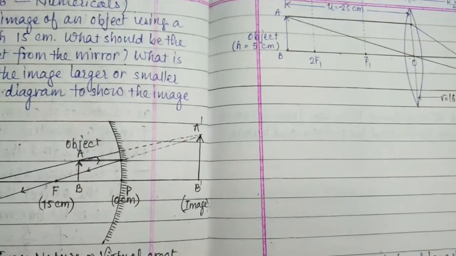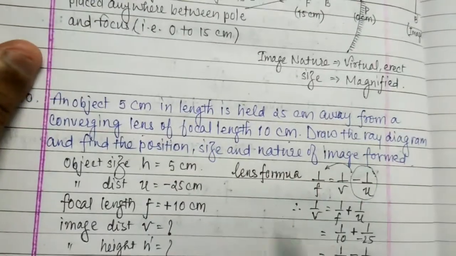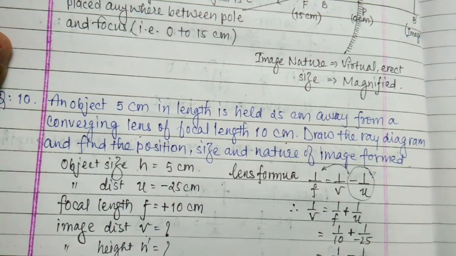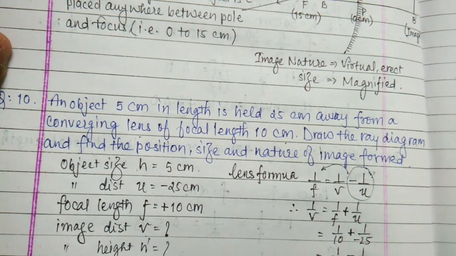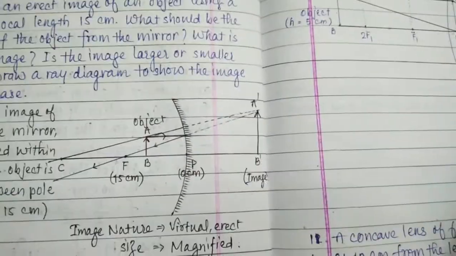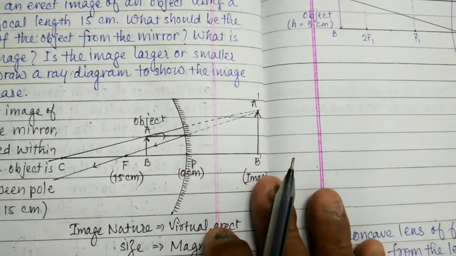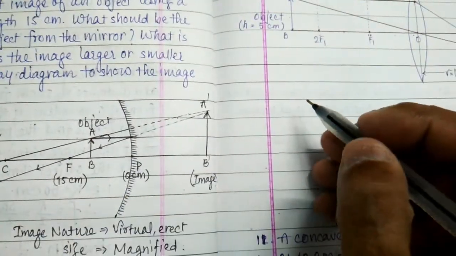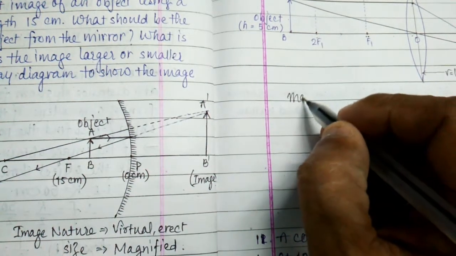Now we have to find size. We have position here: V is equal to 16.7 centimeter. It is positive. So it is other side of the lens. Now size of the image. So we have to find magnification.